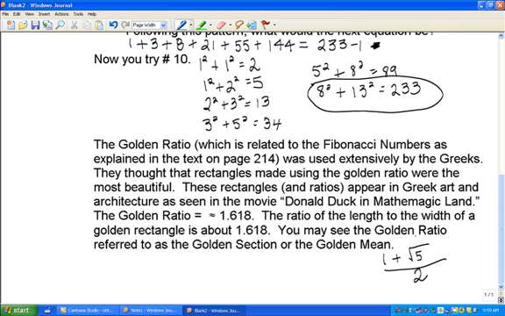Both the Fibonacci numbers and the golden section or the golden ratio are used all over the place. The Fibonacci numbers are very prevalent in nature. The golden section or golden mean is very common in architecture and art, and even in music. So you may want to look at Donald Duck. It gives you a little bit of a different perspective on what we're looking at in this section.